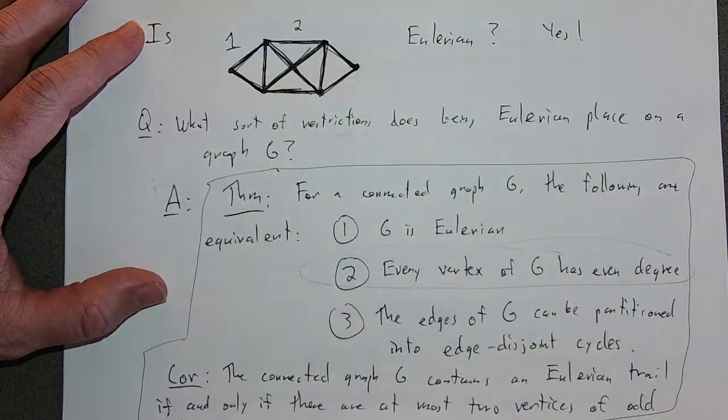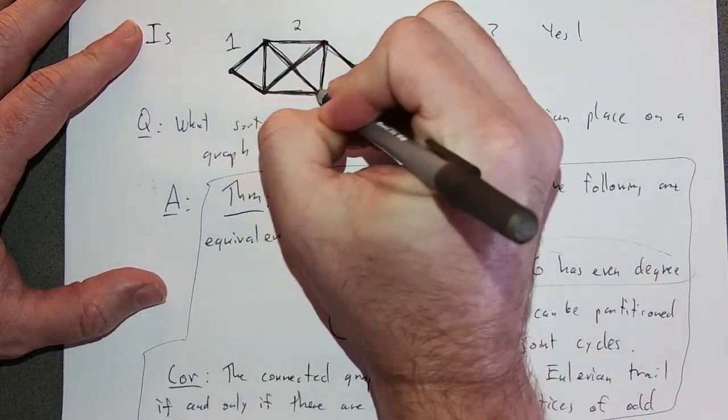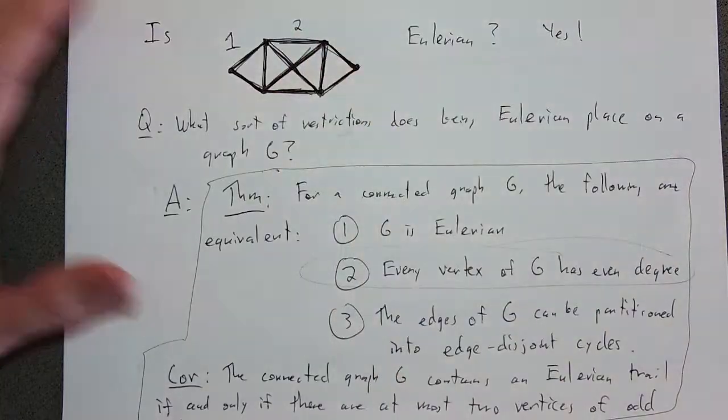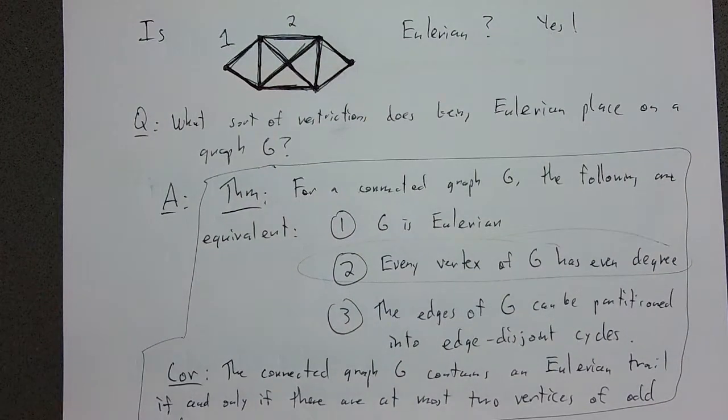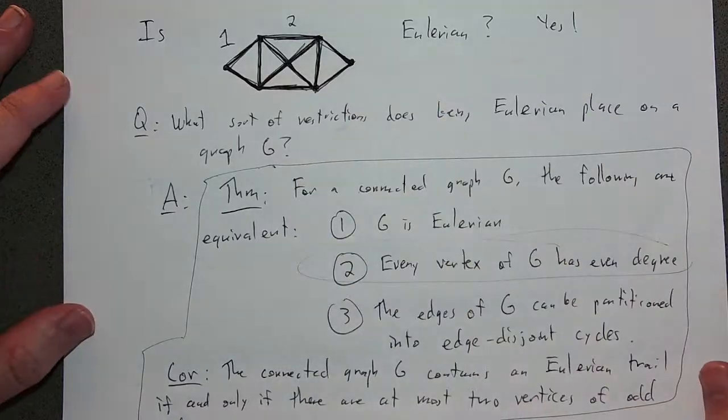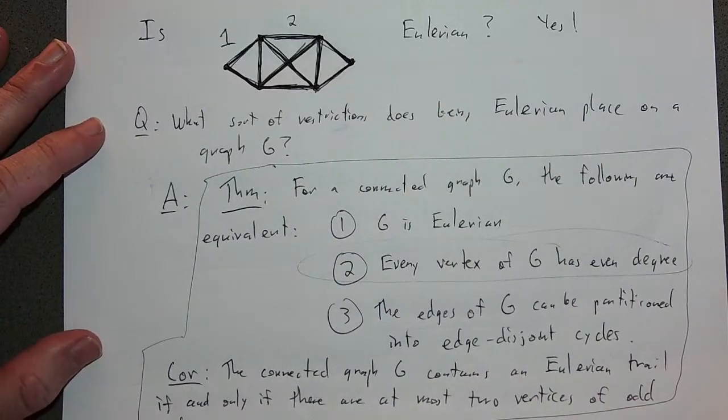That's one of the cycles. The other cycle is this square. You'll notice neither of those cycles has an edge in common, so they are edge disjoint, but taken together they are all of this graph. They are all the edges. So that's what it means.